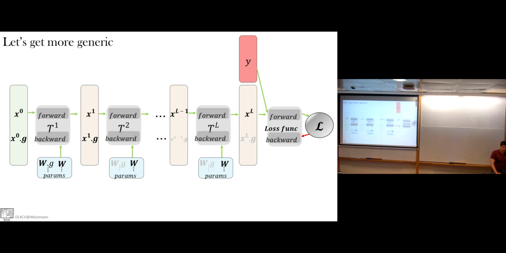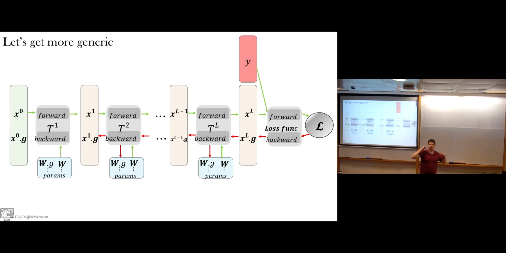Now this backward is going to calculate two things for me. It's going to give me both the gradient with respect to W and the gradient with respect to the layer before. And then I keep going, and without even noticing, I don't need to do anything else. I already have all I need, the gradient with respect to all the parameters in the network. So this happens within this flow.